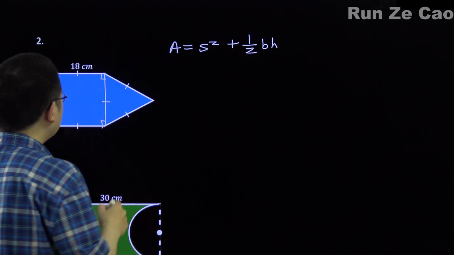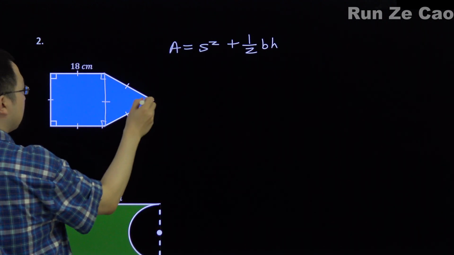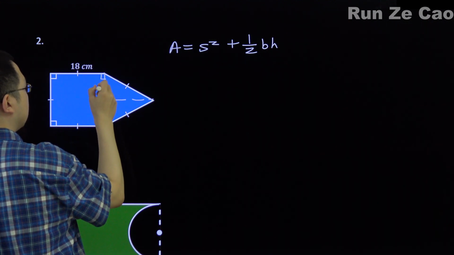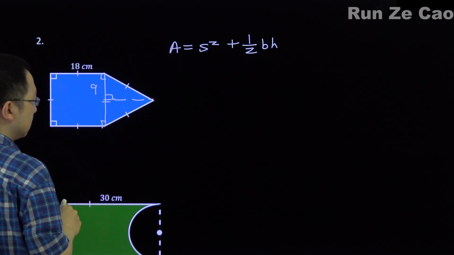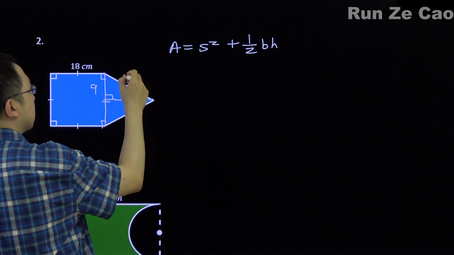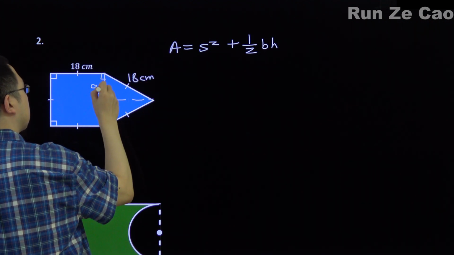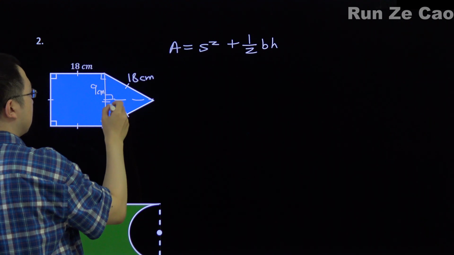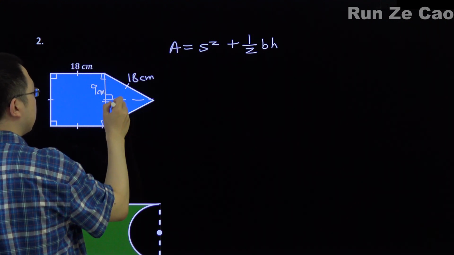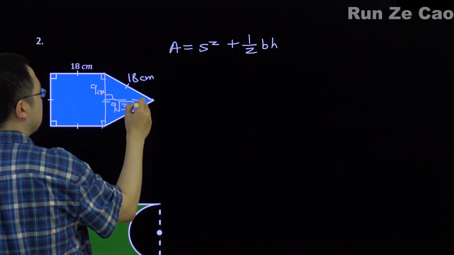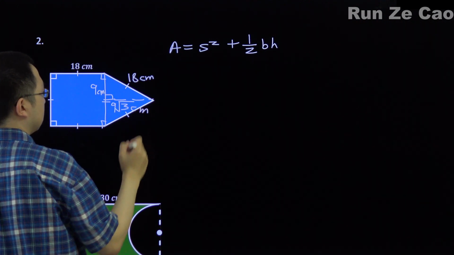Now, because we know that half of this is 9, and this is 18 centimeters. This is also in centimeters. This height will be 9 square root 3 centimeters.